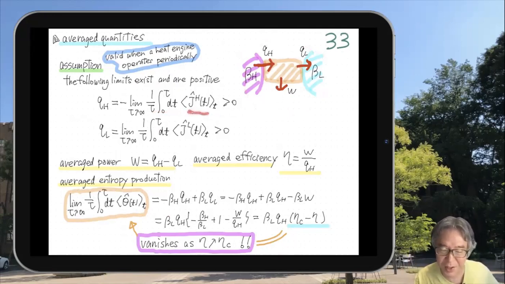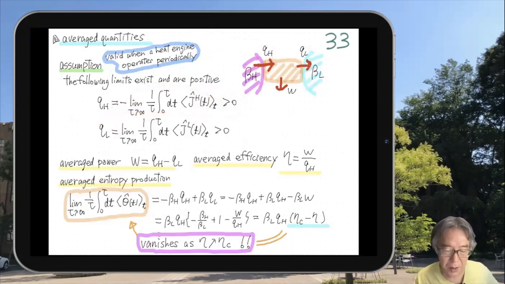So this J_H is the heat current from the system to the bath, engine to the bath. But we want to consider this transfer of heat. So I will denote by Q_H the minus of this time average of heat from the engine to the bath. And I assume that this limit exists, and the whole thing is positive. So heat goes in this direction, and Q_L, of course, denotes the time average of this heat current.